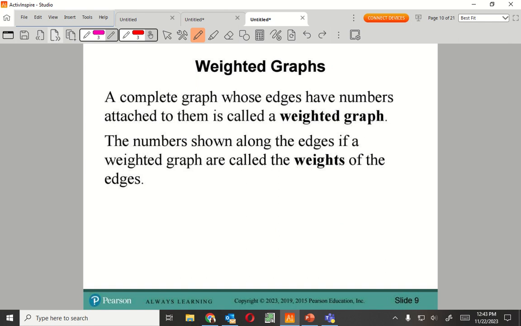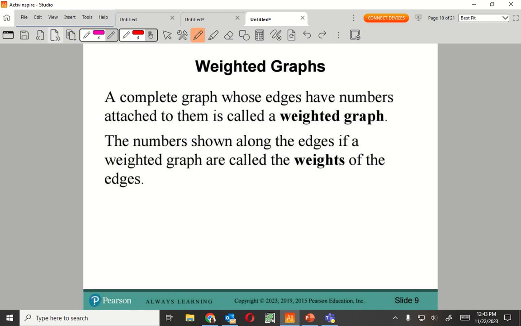Now, a complete graph, that's one where everything is connected, whose edges have numbers attached to them, is called a weighted graph. This is actually done quite often, especially when you're buying an airplane ticket. You're going to go from here to somewhere else, and usually they have these things called layovers. So you're going in multiple routes, right?